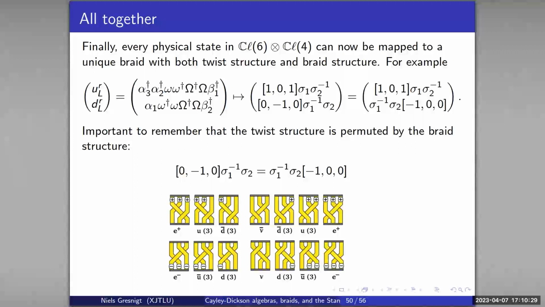And in this way they correspond exactly to the way that they are represented in the Hilo model for the left-handed particles. And again, you just need to be very careful when you do this about where you write the twisting and where you write the braiding, because if you pull the twist factor through the braiding, it will in general get permuted.